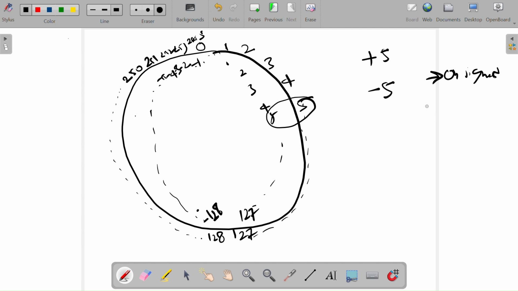The output is 251. The circle goes in the anti-clockwise direction, so -5 is 251. But for signed, -5 prints as -5. So this is the circle representation of signed and unsigned for 8-bit data. In the same way for 16-bit, 32-bit and 64-bit data, everything is the same.